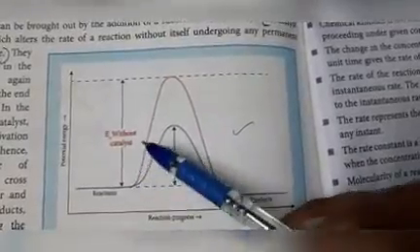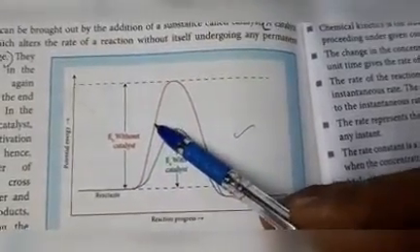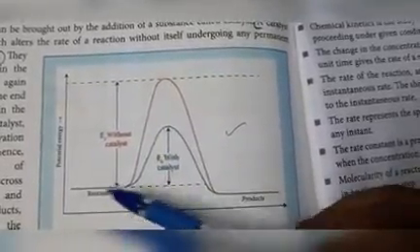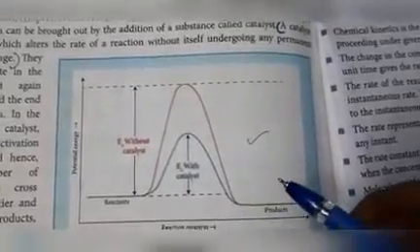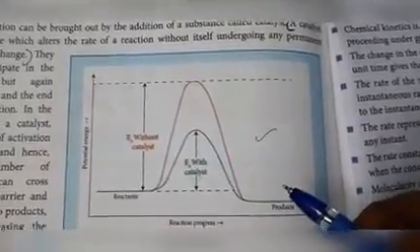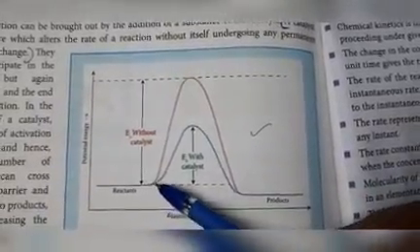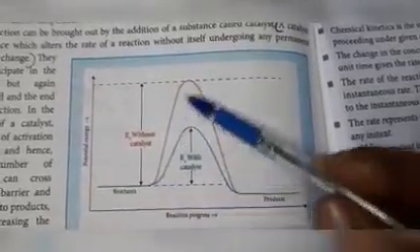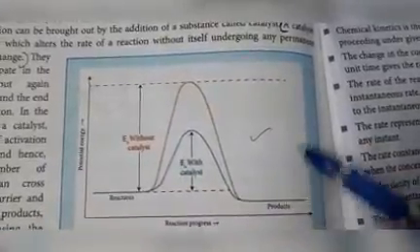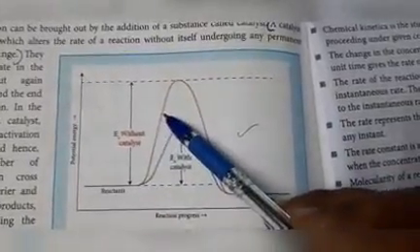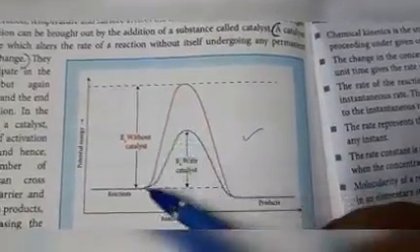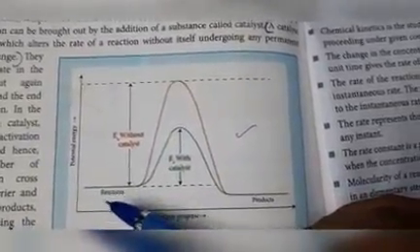If some reactants react but have only this much energy, they cannot convert into product, so they return back and form reactant again. Reactants having at least this amount of energy will convert into product. If a reactant does not have this much energy, it returns back to reactant and will not convert into product.